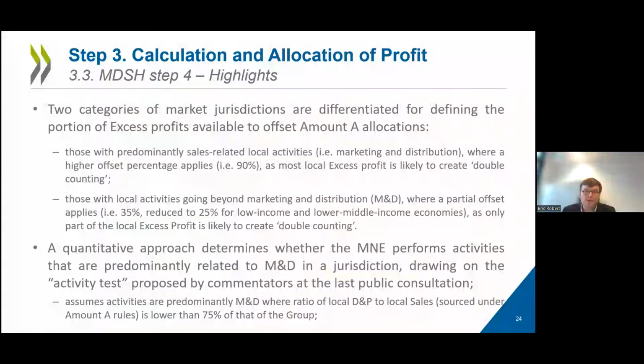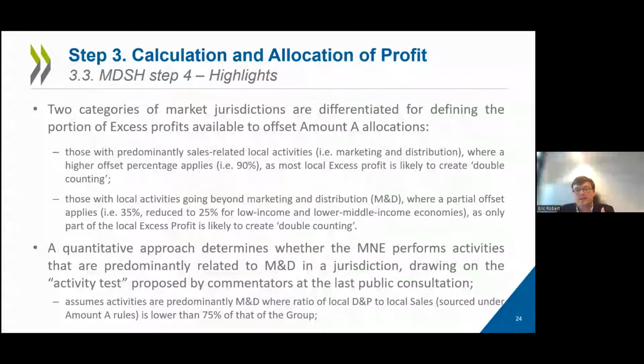We have two categories of market jurisdiction. Those with predominantly sales-related local activities, meaning mainly marketing and distribution activities being conducted in the country, where the offset percentage is higher, 90%.